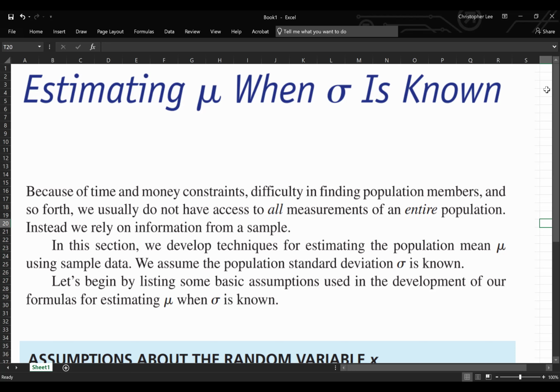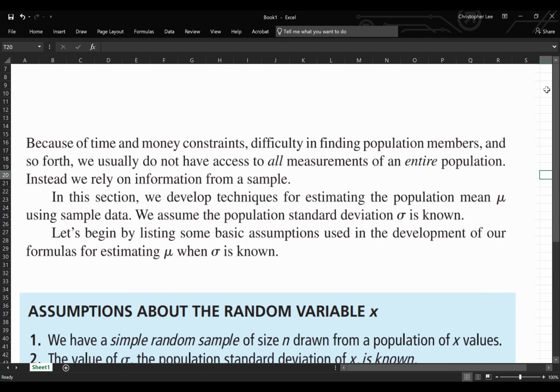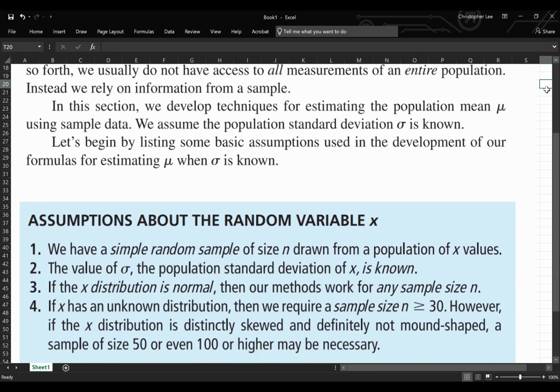So let's begin by listing some basic assumptions used in the development of our formulas for estimating the population mean mu when sigma, our population standard deviation, is known. Here are some assumptions.